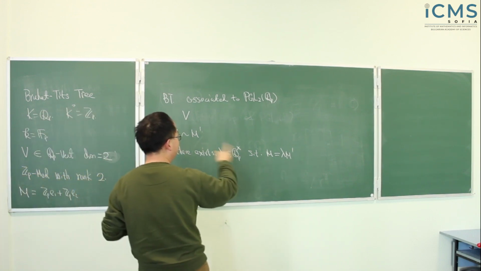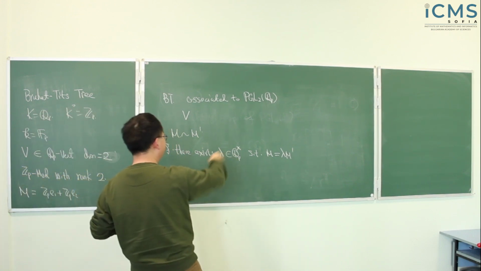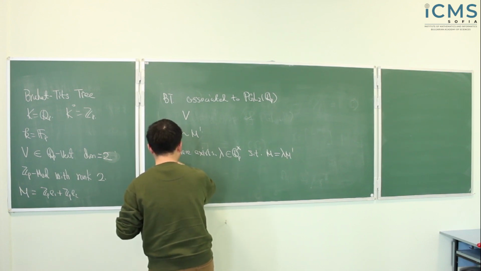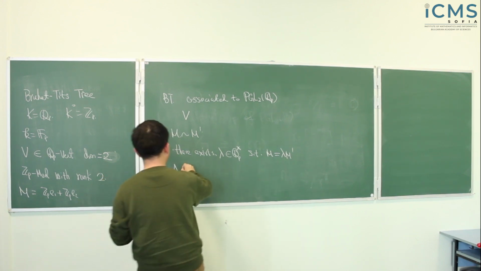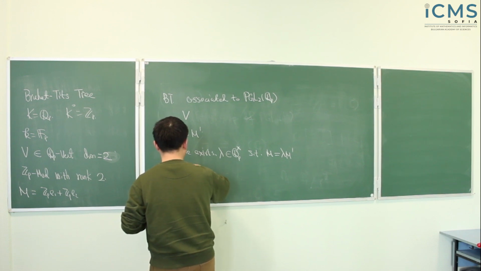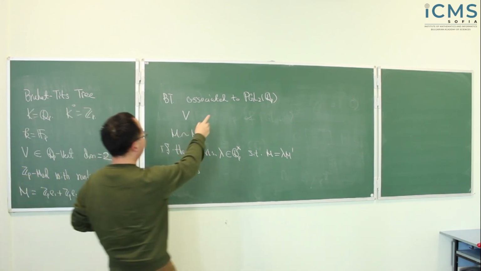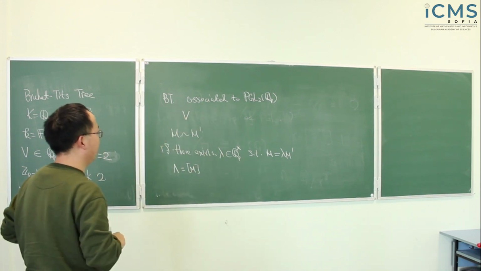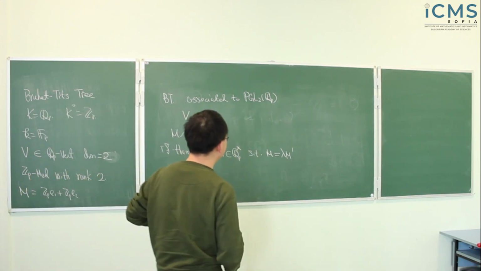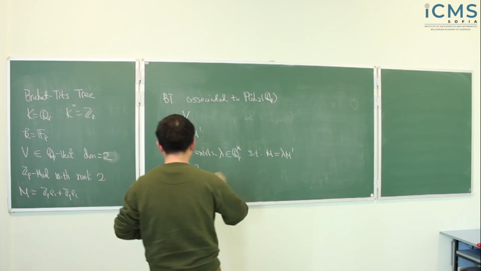Then we define the equivalence class of M, which I use this bracket to represent. Now we need to show that there's a tree associated to this projective general linear group.